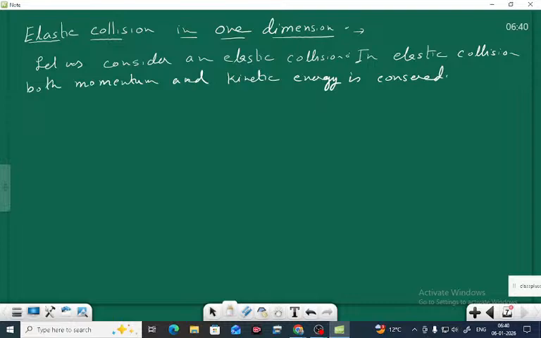Again, I am taking this mass as m1. The velocity is v1 initial, right? This is m2, v2 initial.